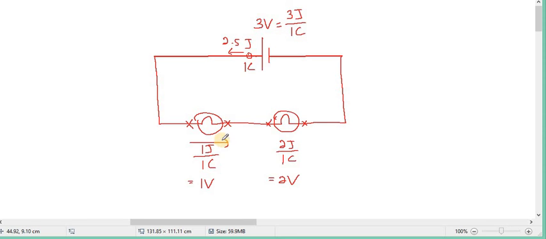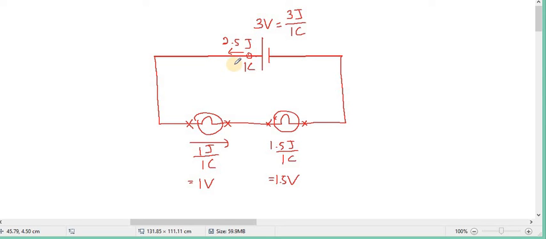So if that is the case, maybe when the charge passes through the first bulb, it will do the work of 1 joule. And then the second one maybe does the work of 1.5 joule. So that means the potential difference across the first bulb will be 1 volt, the second one will be 1.5 volt. So the total is still correct: 2.5 joule total here, the same as the amount of energy that the 1 coulomb of charge has when it comes out of the dry cell.